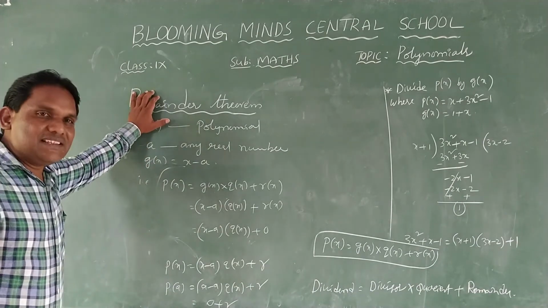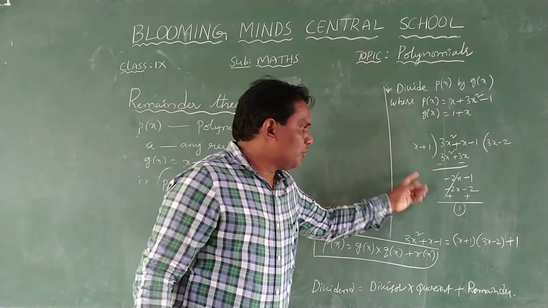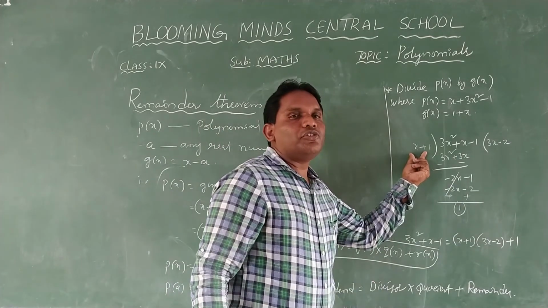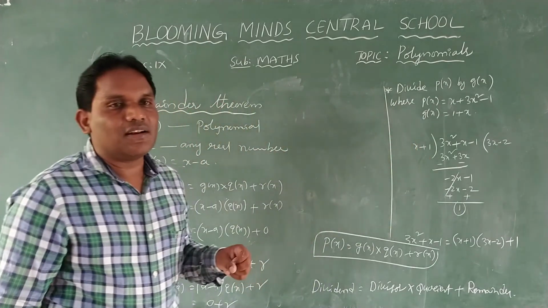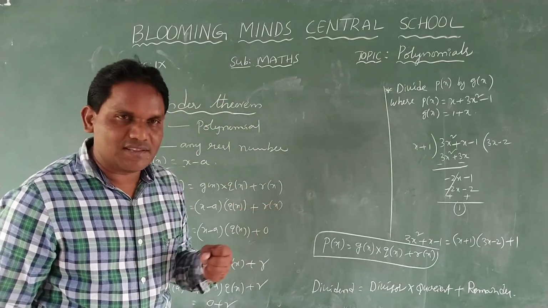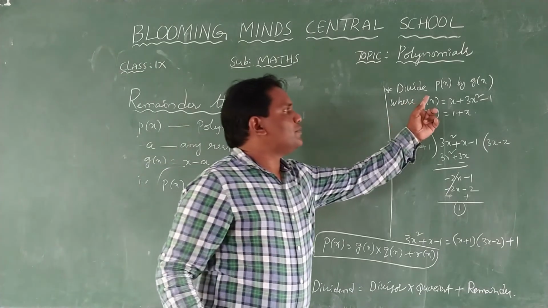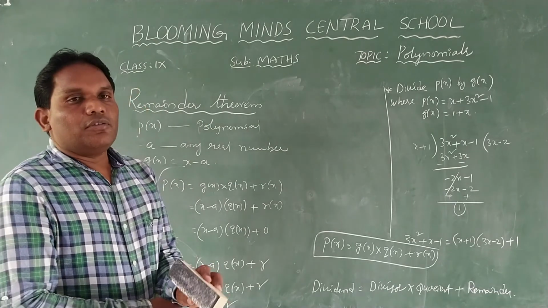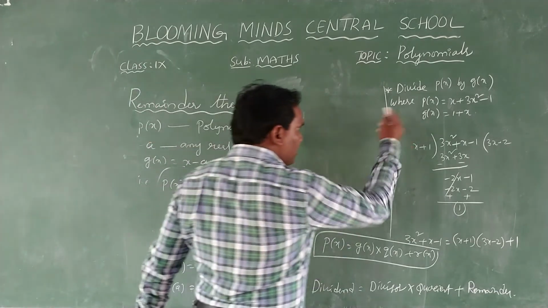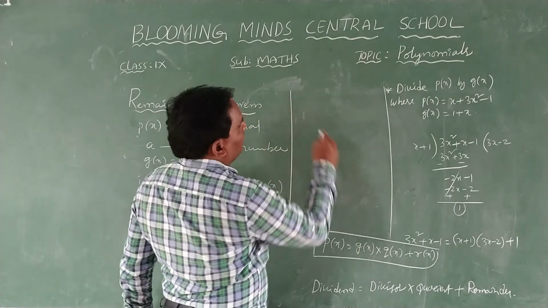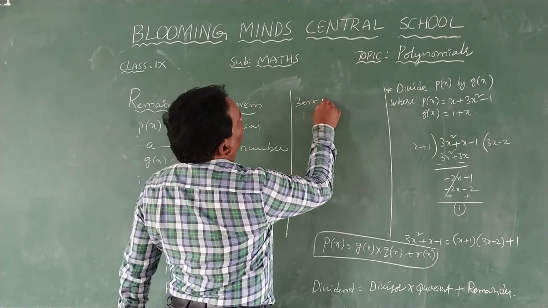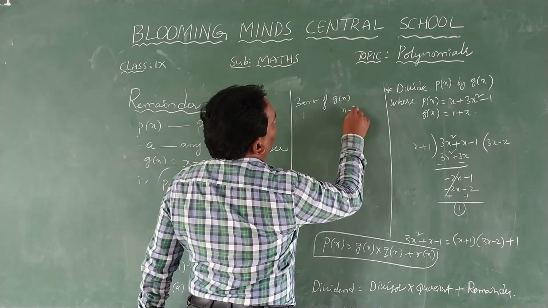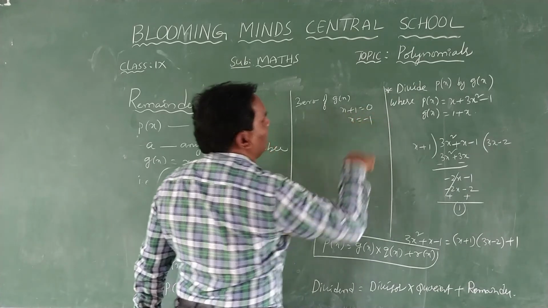That means by using this, we will not divide like this to find the remainder. We just find the zero of the divisor polynomial, then apply it in P of x, and we will definitely find the remainder of the given expression. Here you can see the zero of G of x: x plus 1 is equal to 0, x is equal to minus 1.